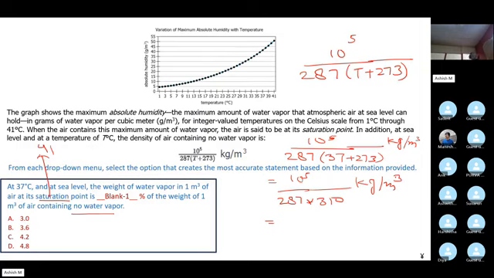It's giving me 1.123. All around right. It is kg per meter cube, which would be 1123 grams per meter cube. Correct?